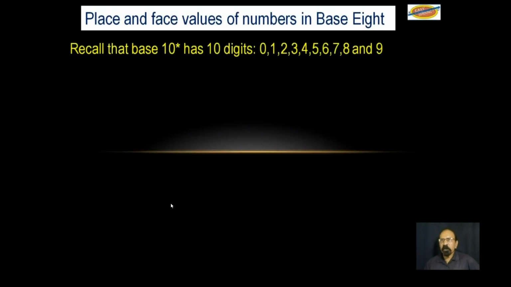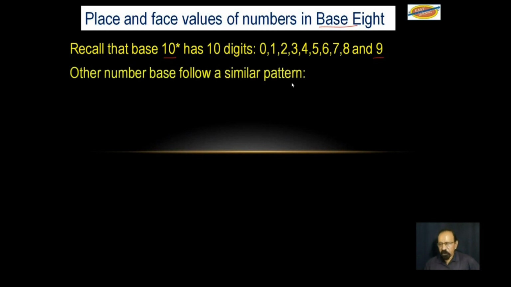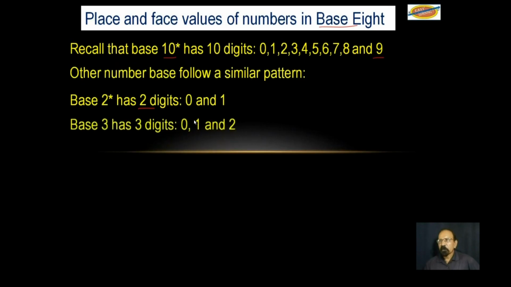We are continuing with base 8. We already know that base 10 has 10 digits, 0 to 9, and all the other bases follow the same pattern. Base 2, we dealt with that before. Base 3 has 3 digits, 0, 1, and 2. Base 4, which is what we just looked at.